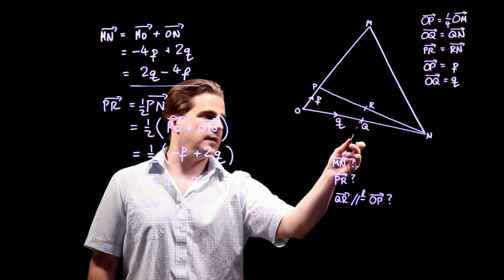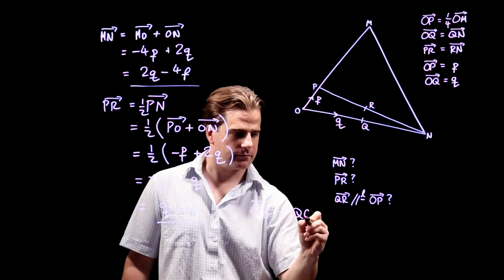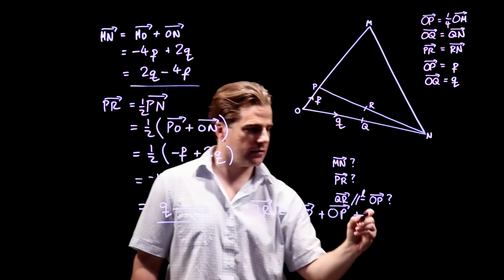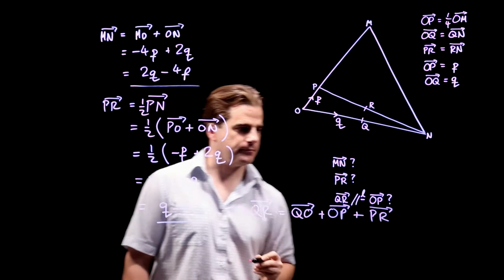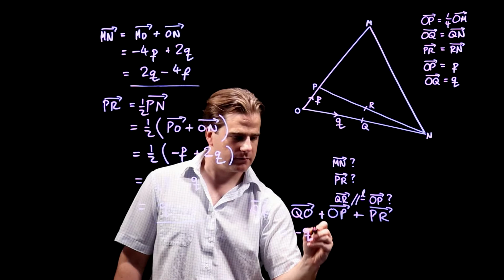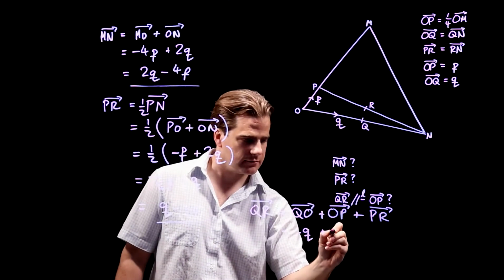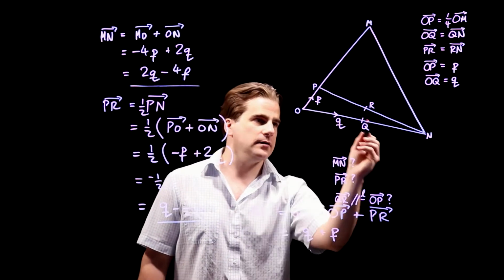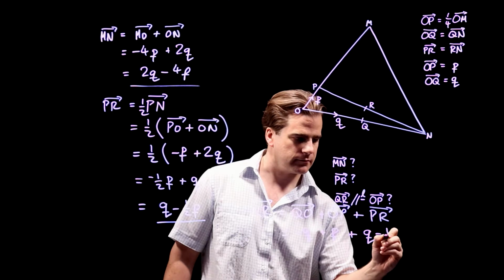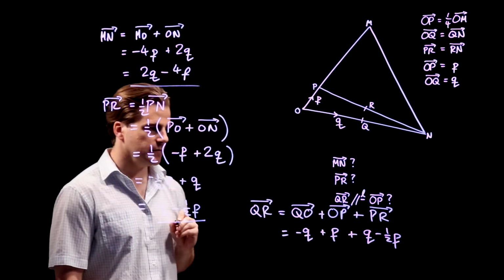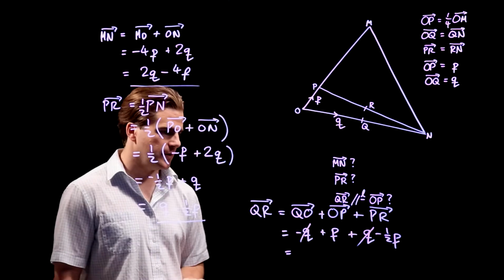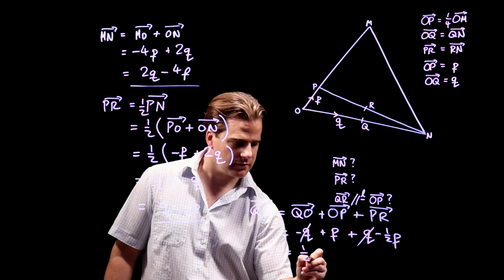So Q to R must be Q to O, then O to P, then P to R. Okay, which is Q to O is minus Q. O to P is just P. And then P to R is this, which is Q minus a half P. Okay, so that becomes minus Q plus Q, gone. P minus half P is half P.